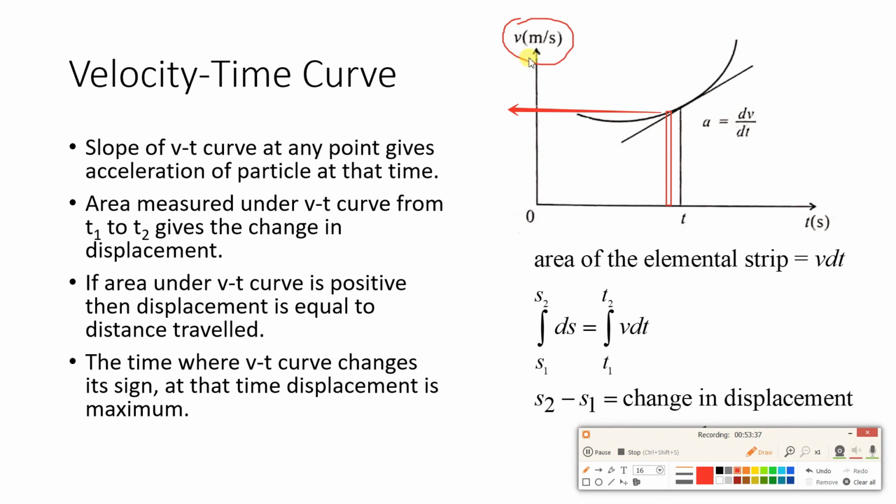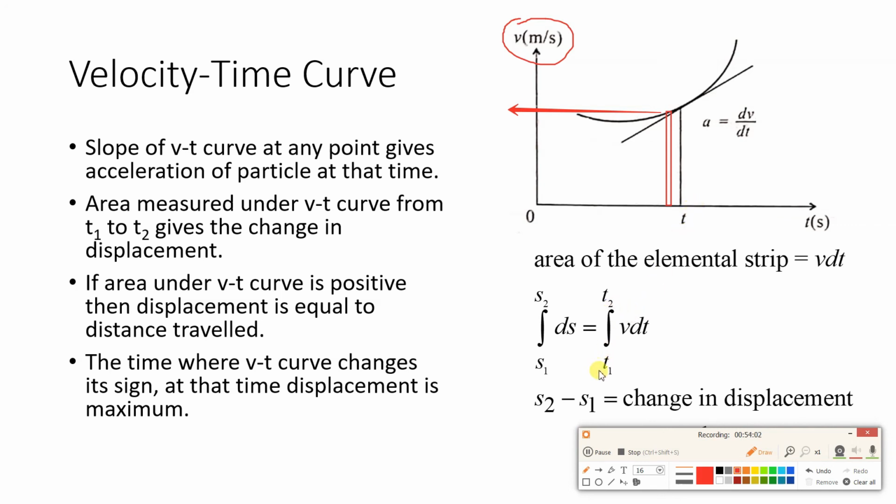So if you have been given velocity versus time motion curve, and you take the slope of that curve at any point, what will be that? It will be acceleration of the particle at that time. If you consider area between some time limit, like T1 to T2, what will be the total area?